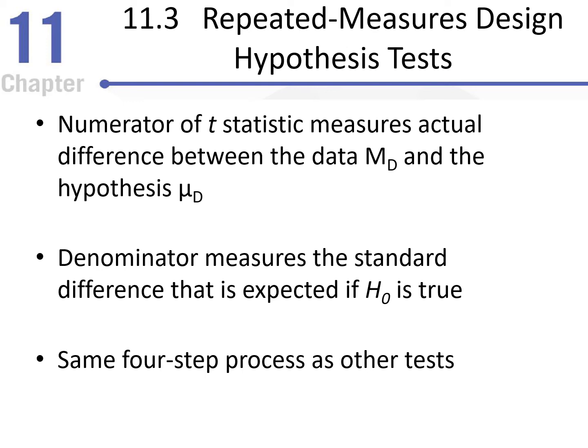Because the comparison where the null is true is always going to be 0. So the numerator simplifies to just the mean of the difference scores. You don't have to write mean of the difference scores minus 0. Just write the mean of the difference scores on top, and then on the denominator, you're going to have the standard error of the difference scores.